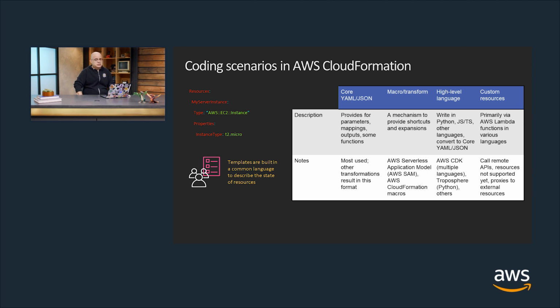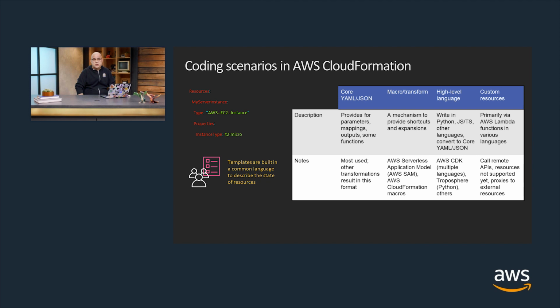The templates are built in this fairly simplified common language to hide some of the complexity of having to create the instance via an API or having to go into the management console browser interface and creating these things manually. So we provide for adding resources, parameters, mappings, outputs, and some intrinsic functions.